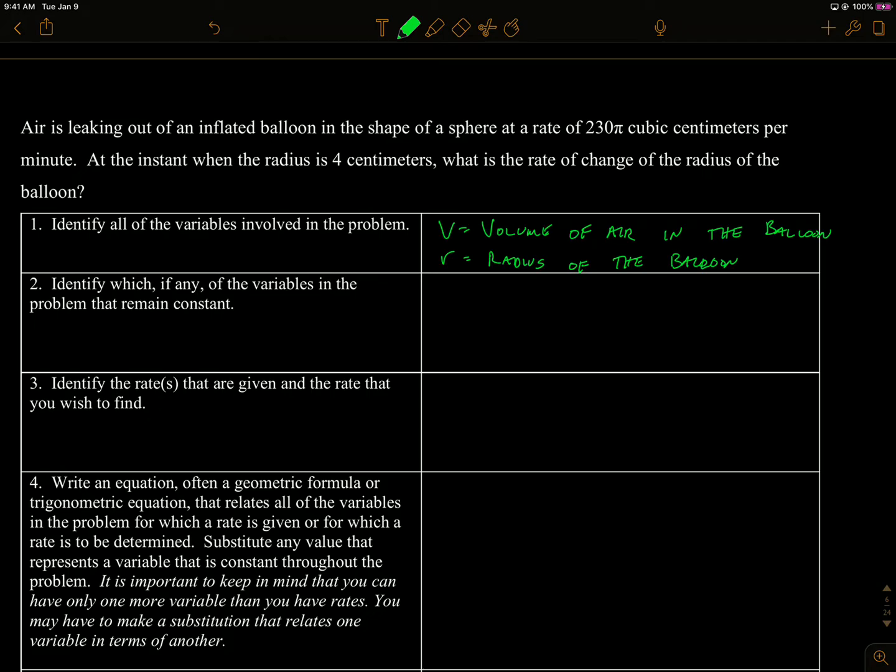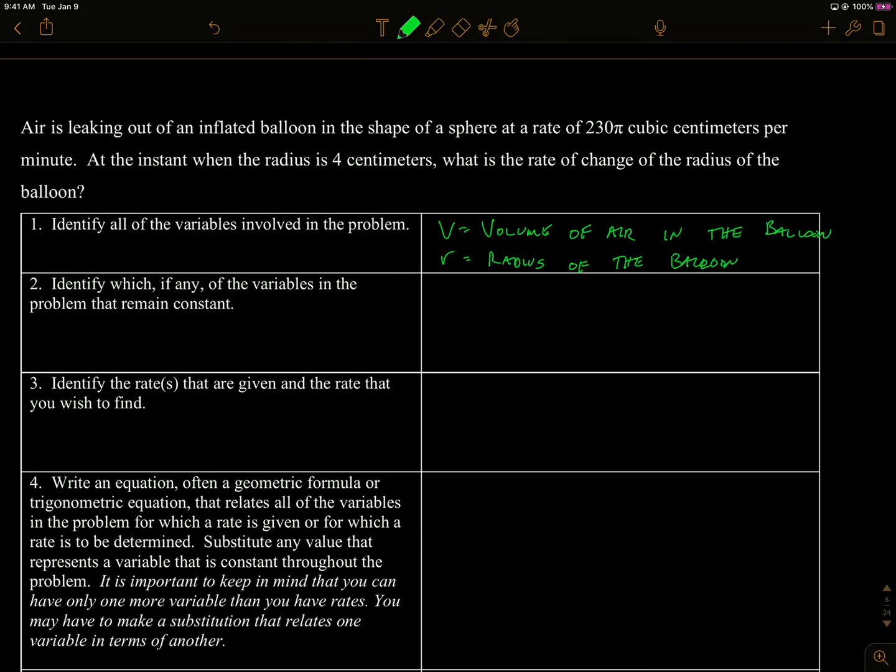You have to imagine the balloon shrinking and losing air. The volume will be changing. The amount of air in the balloon is decreasing, so that's still a variable. The radius of the balloon, the length from the center of the balloon out to the edge of the latex, is also decreasing. So the radius is also still a variable.